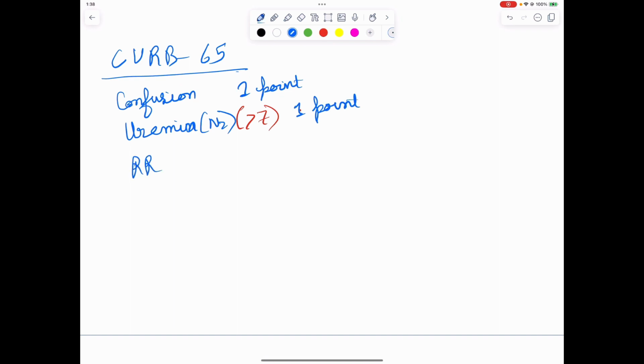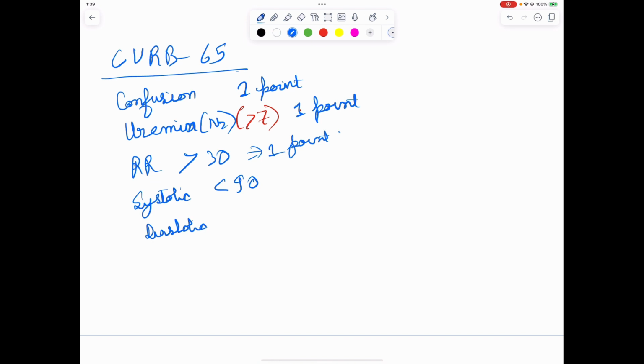Respiratory rate greater than 30; all will be in multiples of 30. Again 1 point. Systolic BP is less than 90 or diastolic is less than 60, and age is greater than 65 years.